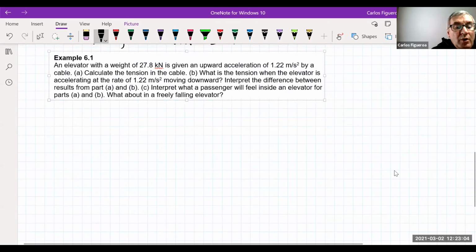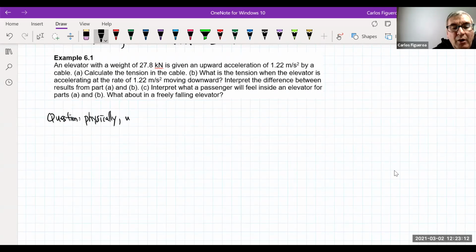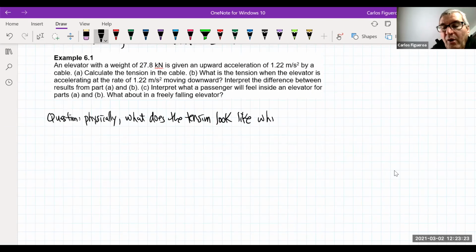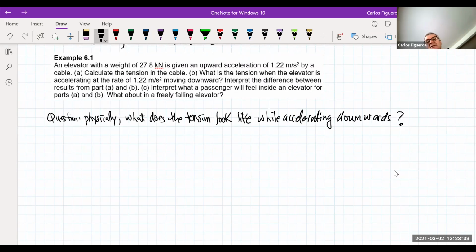So, question: physically, what does the tension look like while accelerating downwards? What would you expect the tension to be if you are accelerating downwards? So if I look at a picture, draw a free body diagram.